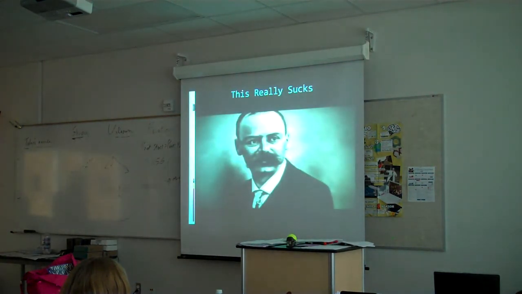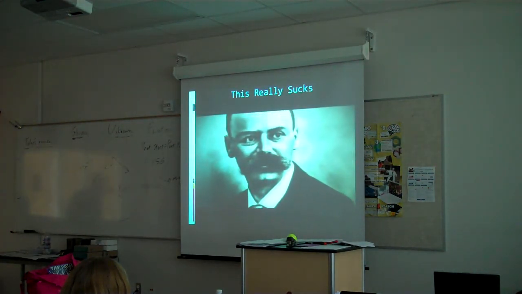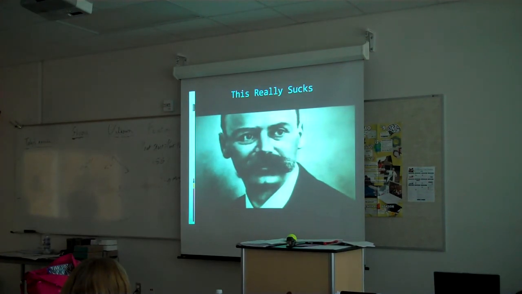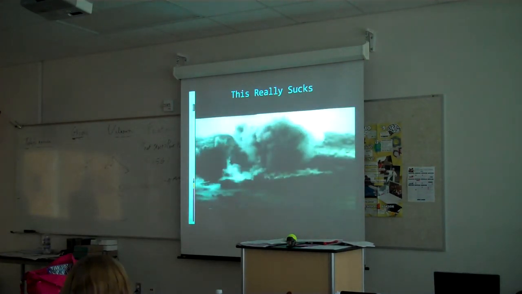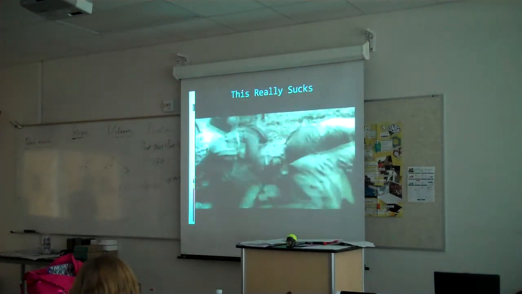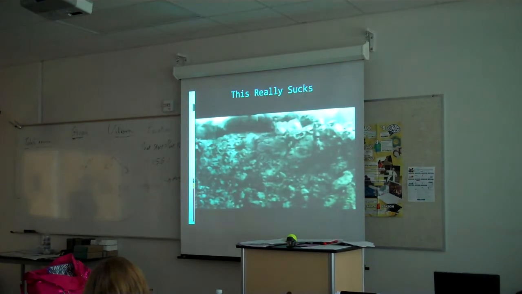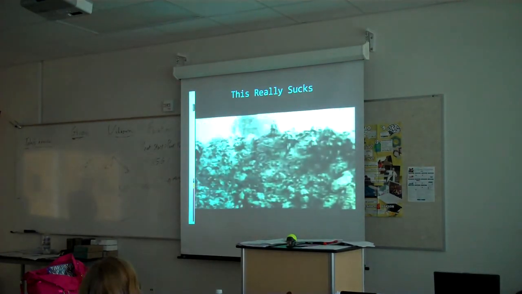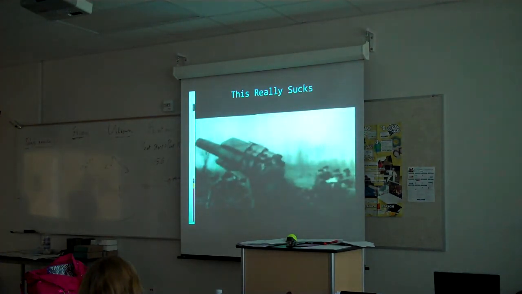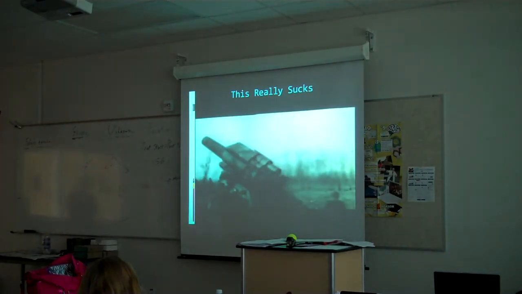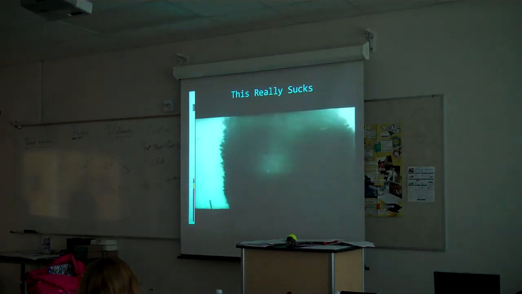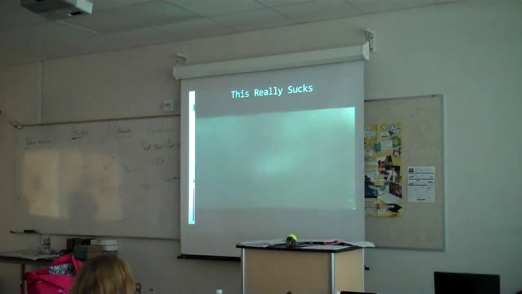A German astronomer named Karl Schwarzschild first proposed what we now call black holes in 1916. While stationed on the front lines in World War I, he solved the equations of Einstein's general relativity in a new and puzzling way.